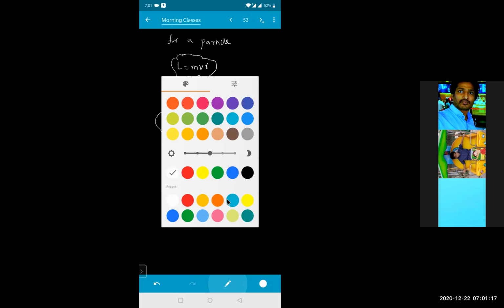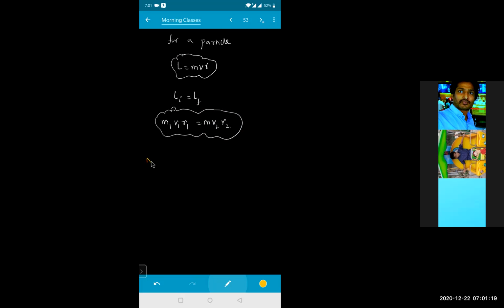So keep a small note here, very important. The net force acting on the particle right now. If I write the angular momentum like this, L bar equals r bar cross m into v bar.